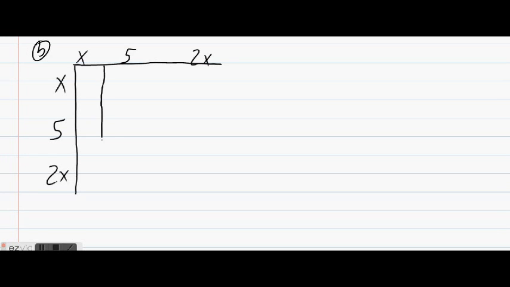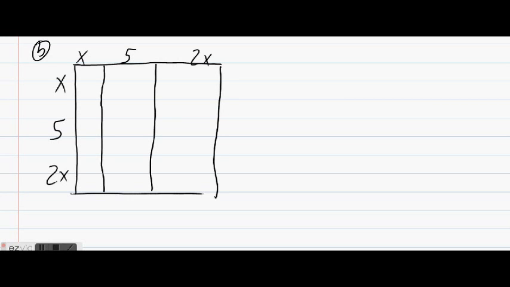Let me try that one more time. Apologize, I cannot draw. Alright, so here is that. Here's for x. There's for 5. Alright, now you guys hit pause. Try it. Find the area.